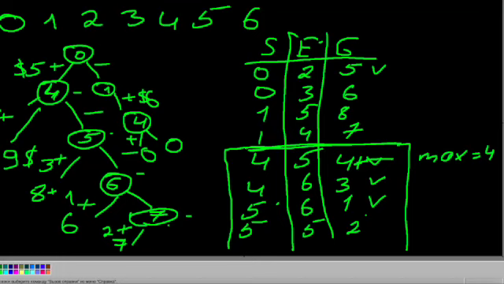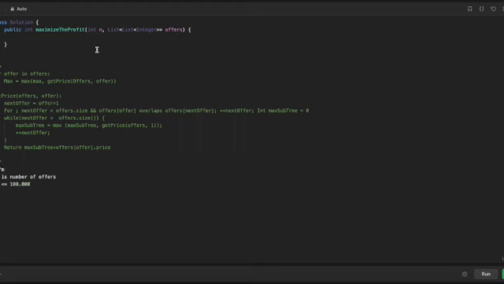So to code this in our solution, it's usually done by adding a dictionary of offers and corresponding max profit. Because we save it in memory, we can call it memo.